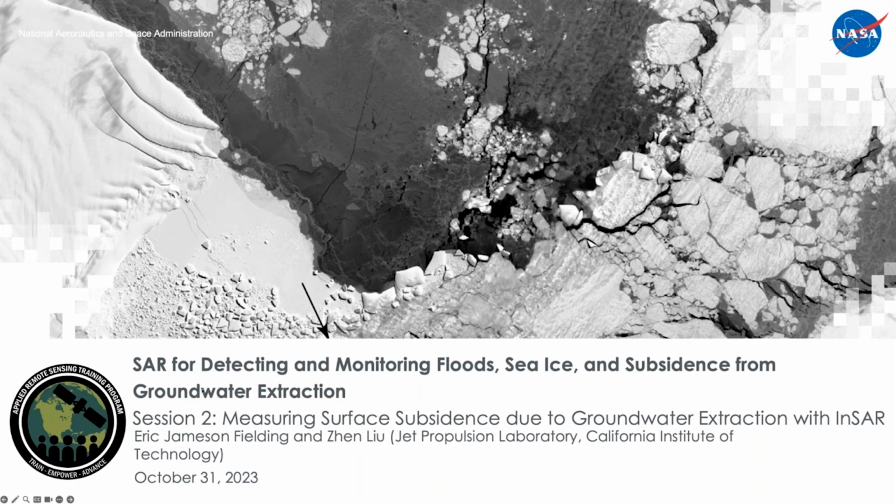So this is part of the series of webinars on using SAR for detecting and monitoring floods, sea ice, and subsidence due to groundwater extraction. This is session 2, and we're using SAR interferometry, or InSAR, to measure the ground surface subsidence due to groundwater extraction.